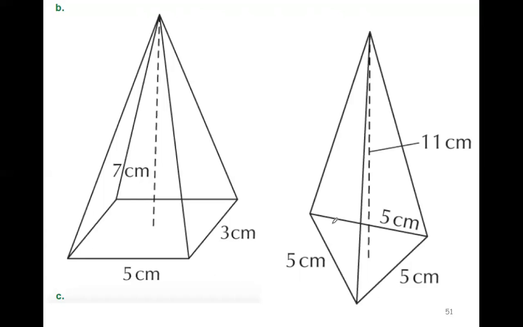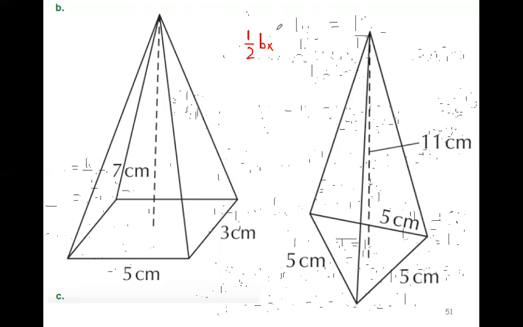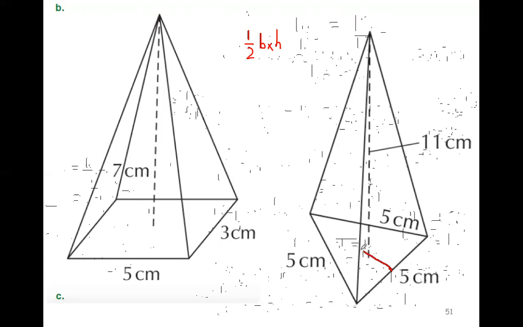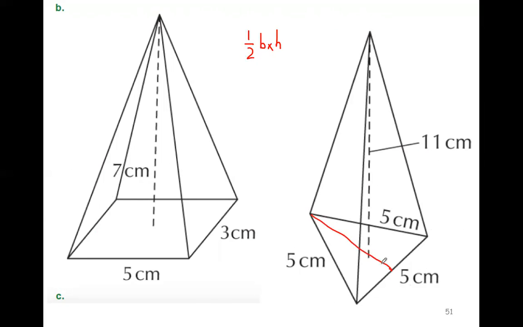To find the area of the triangle, remember the formula for triangle area is half base times the perpendicular height. If I've got 5 here, I've got to go from there to there. So I've got to find this distance when I've got a right angle here.